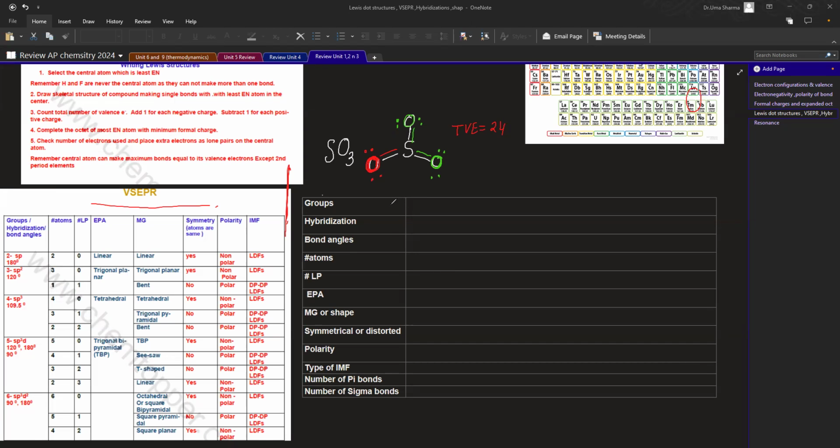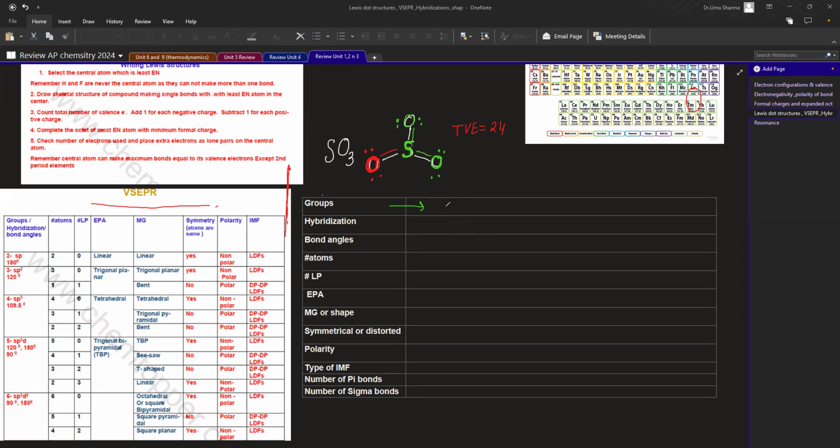So how many groups are there? How many groups on sulfur? Groups means atoms plus lone pairs. Only Aditi has answered. Ritika is saying 3. Aditi is saying 3. What about rest of you?